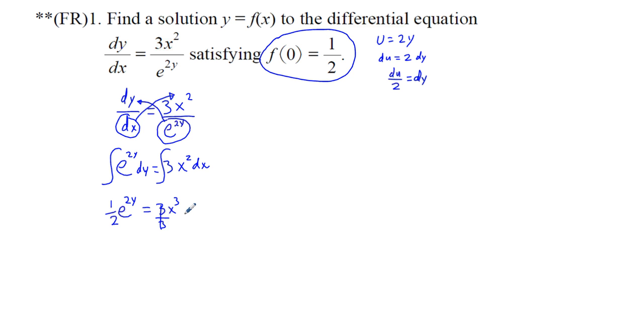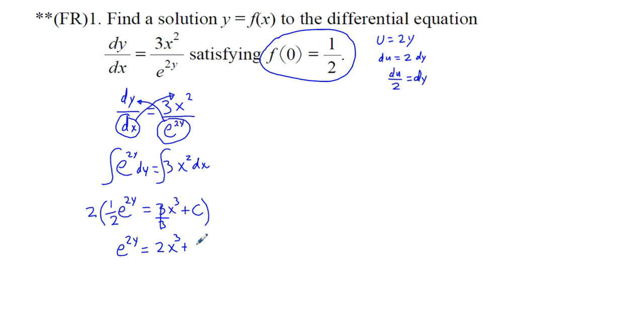Then we add our constant of integration c. Now we're going to isolate y, and to do that we multiply both sides of the equation by 2, and we get e to the 2y equals 2x cubed plus c.